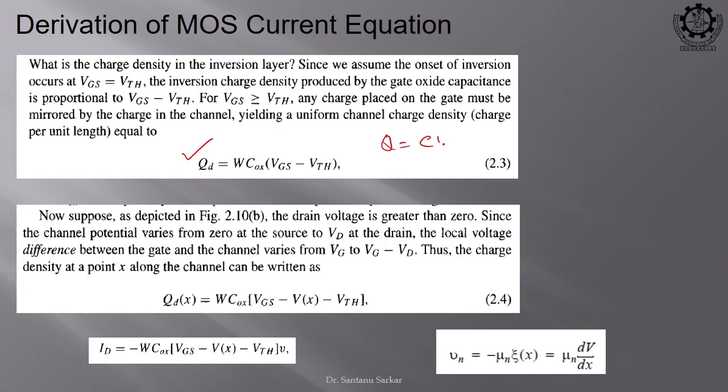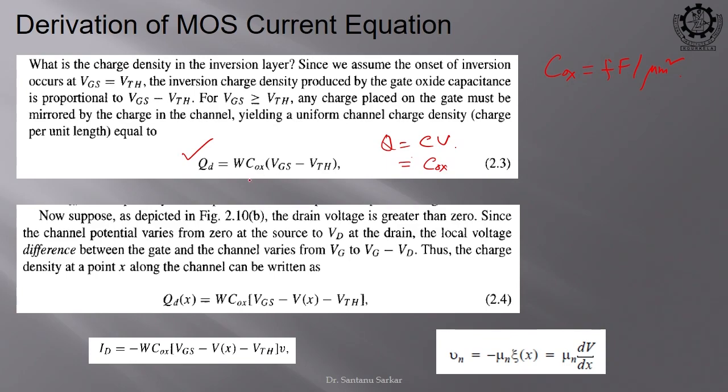Q is equal to CV. So, what is your total C? Your effective capacitance is COX. What is the unit of COX? C oxide is in femtofarad per micrometer square. That means, if you multiply it with your total area, you will get the total capacitance.